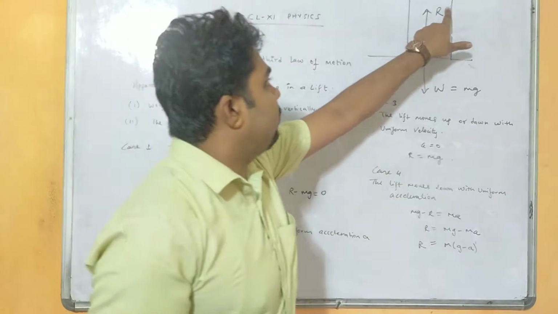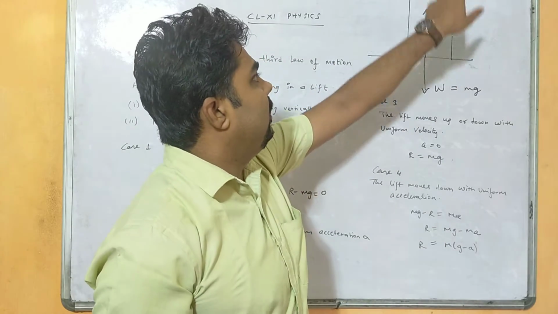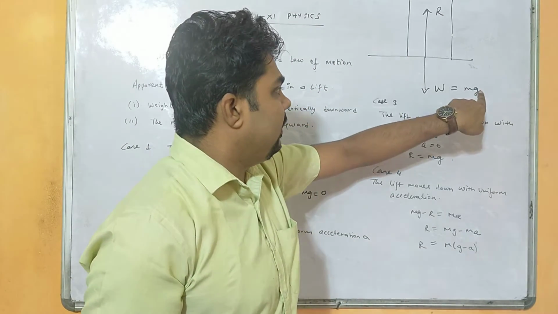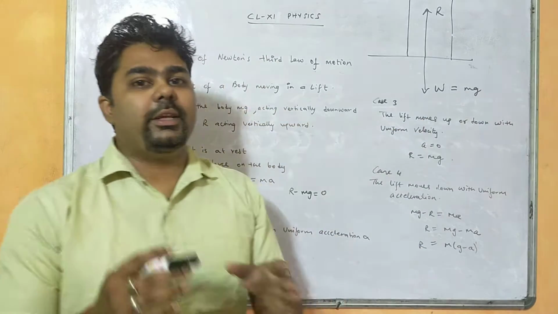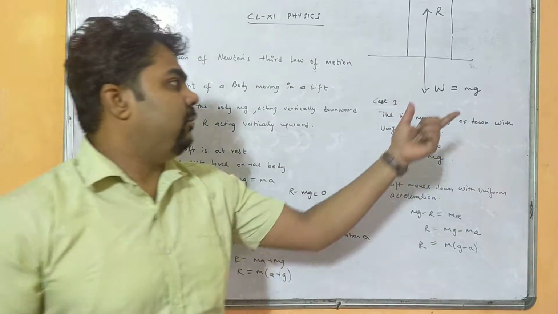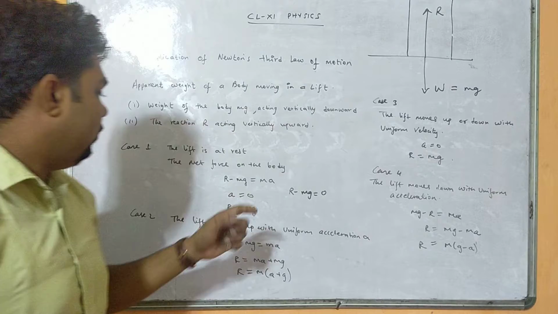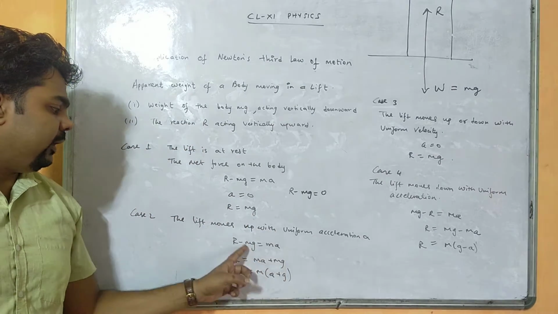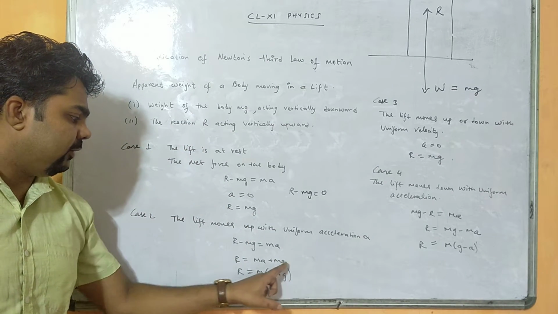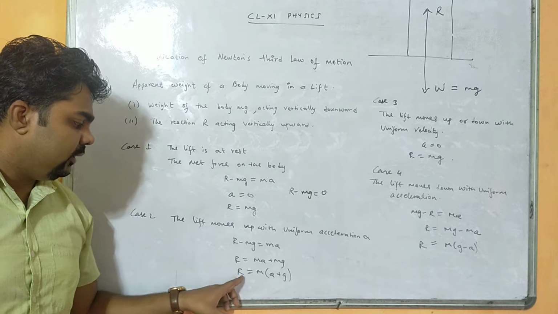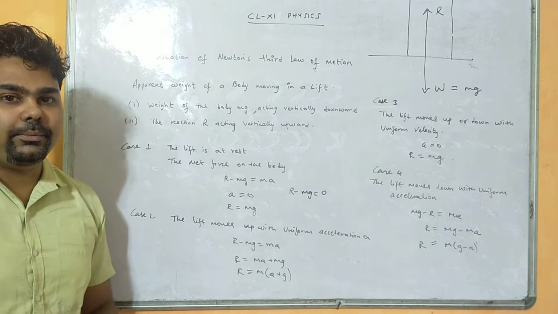If the lift is going up, that means R must be greater than mg. The reaction force must be greater than mg, only then is the object moving up. So R minus mg equals ma. If mg goes to the other side, the minus becomes plus. So if I take m common, then R equals m(a plus g), right?